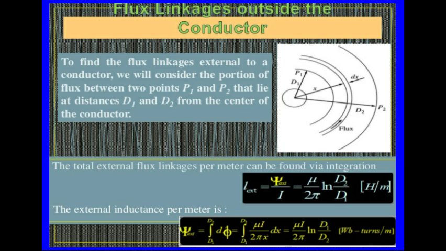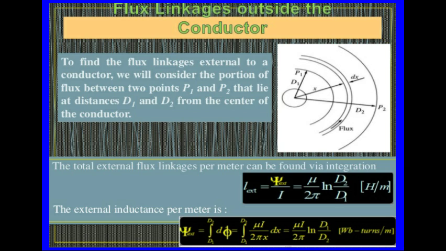Second is flux linkage outside the conductor. To find the flux linkage external to a conductor, we will consider the portion of flux between 2 points P1 and P2 that lie at distance D1 and D2 from the center of the conductor.